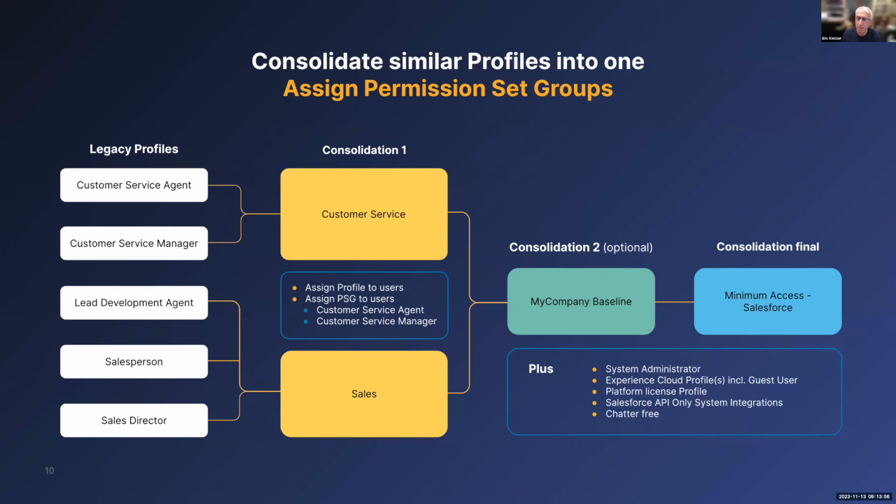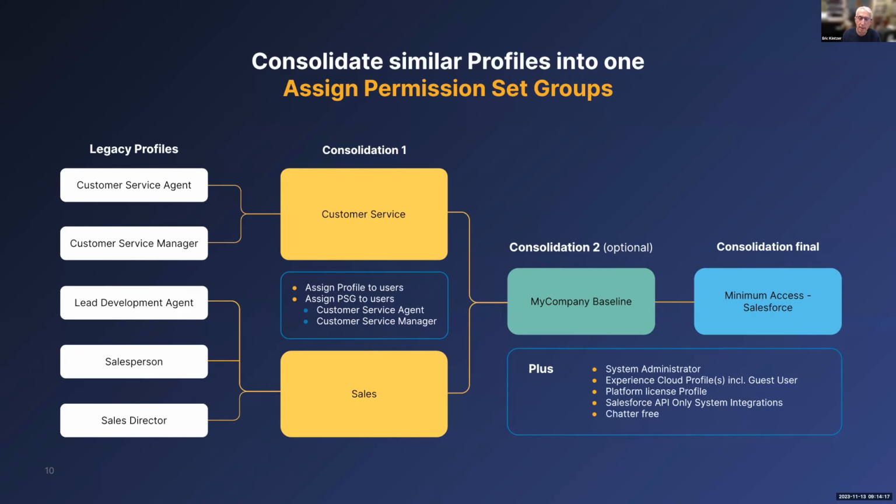Then the next step is to consolidate down to a single baseline My Company profile, or if you want to be really least access principles, go straight to the minimum access Salesforce profile.